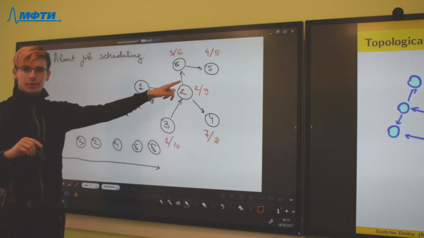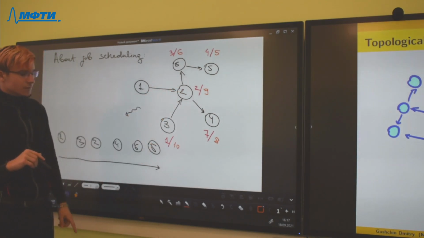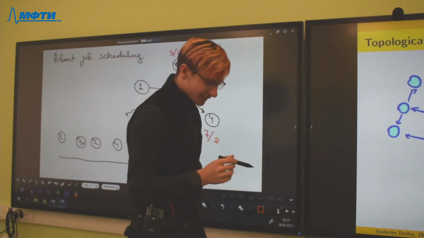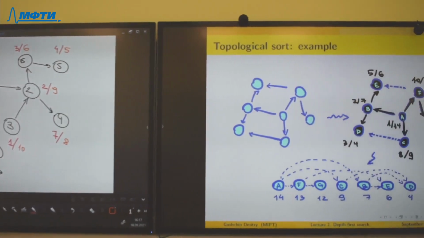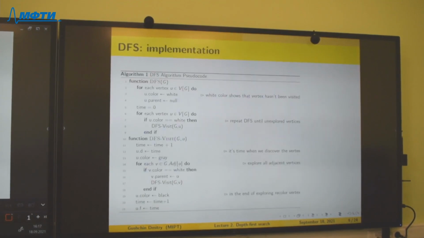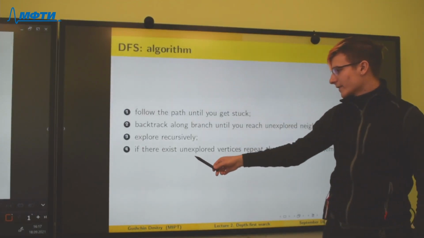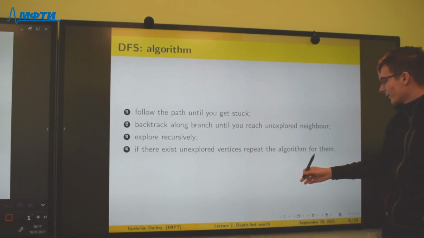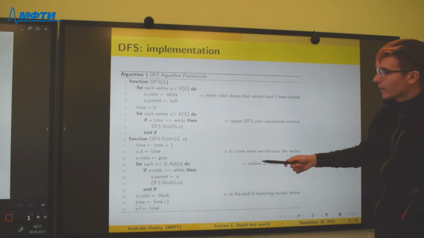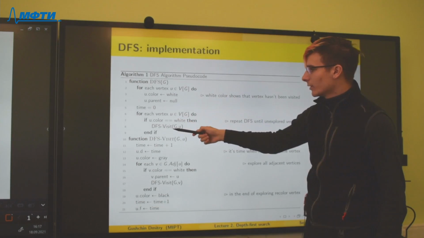And when we finish with 2, we say that 3 has no other adjacent unexplored vertices. Then if we look at the algorithm, if there exist unexplored vertices, repeat the algorithm for them. And we see in the pseudocode that function DFS repeats our algorithm for each vertex.